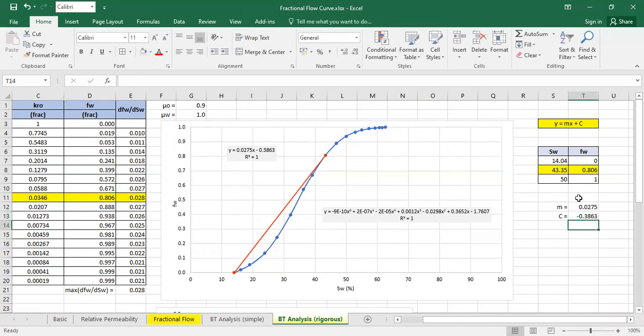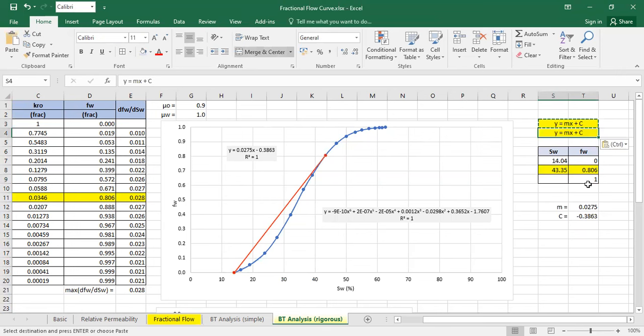Of course, the fractional flow at the top is 1. So now we can calculate the average water saturation behind the front at breakthrough.